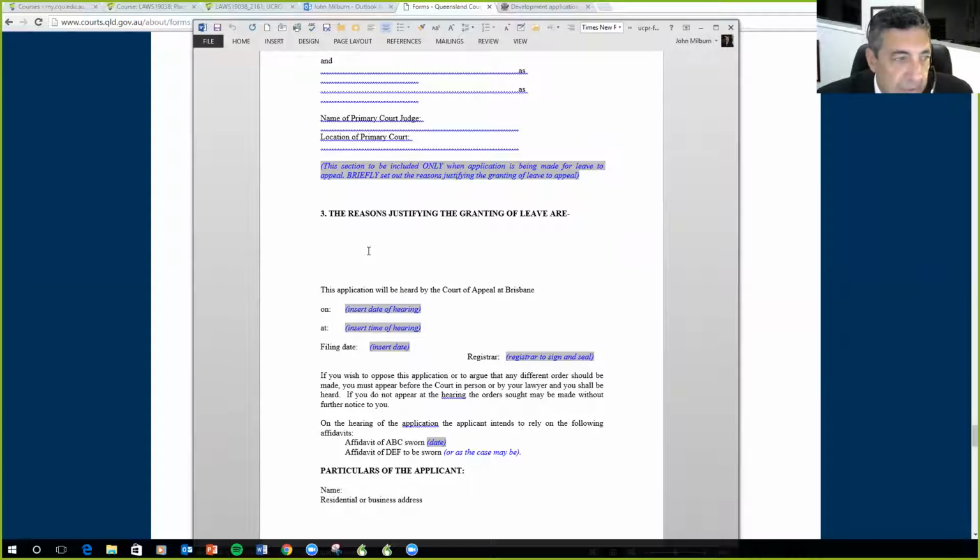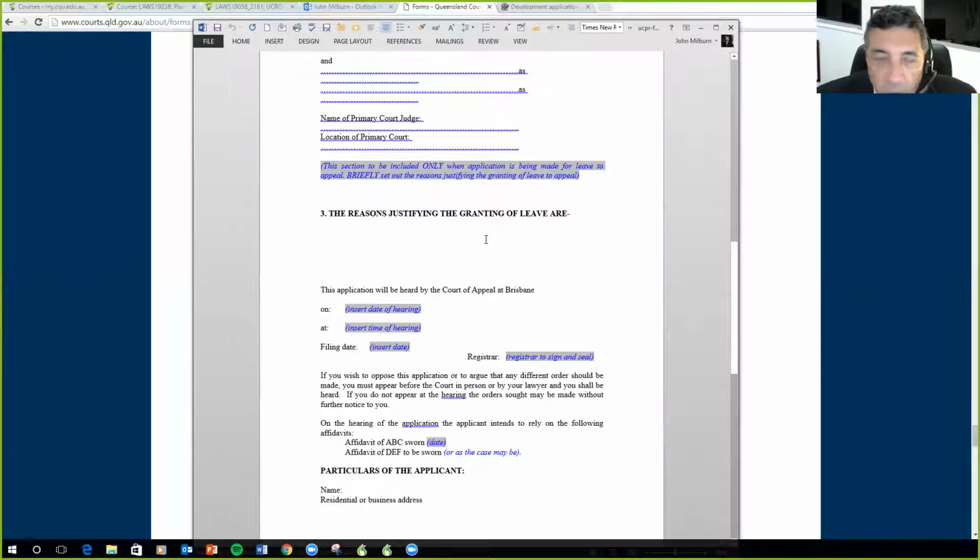When you read a case in the Planning and Environment Court, you should read it critically and ask yourself the question, if I had to appeal this decision, if someone came to me and said, I'm not happy with this decision, can you take it to the Court of Appeal? Well, firstly, you need to know the procedure, but secondly, you need to think about what would be appropriate reasons for justifying the grant of leave by the Court of Appeal.